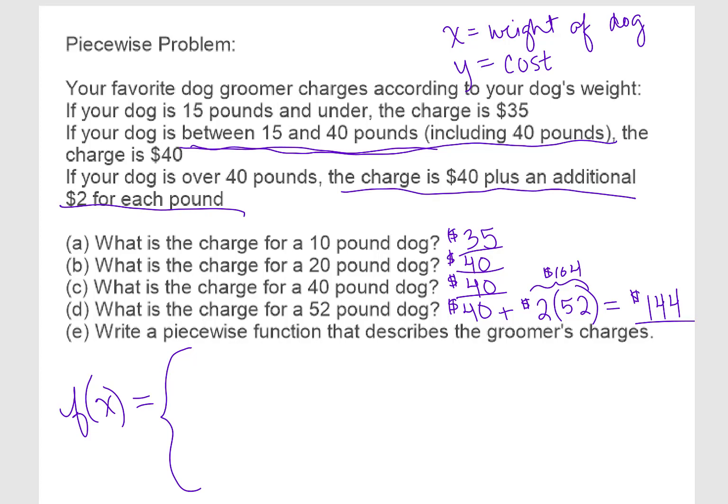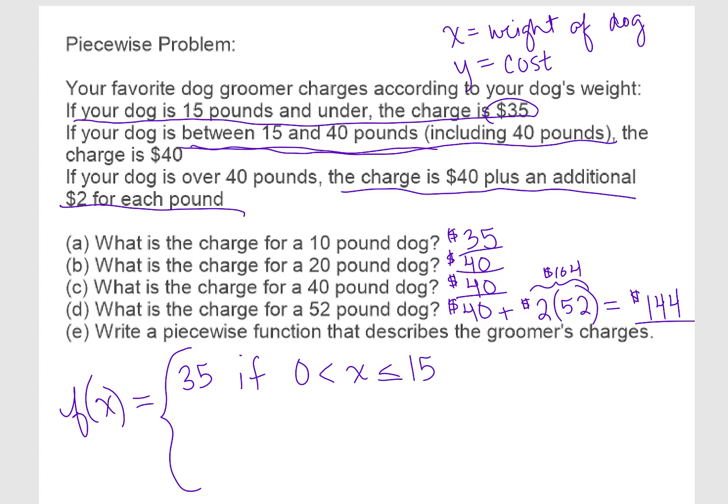So we said, okay, well, in this first scenario, the charge, my output, is a fixed $35, right? But that's only if the dog's weight, X, is 15 pounds and under. So it would have to be between 0 and 15.